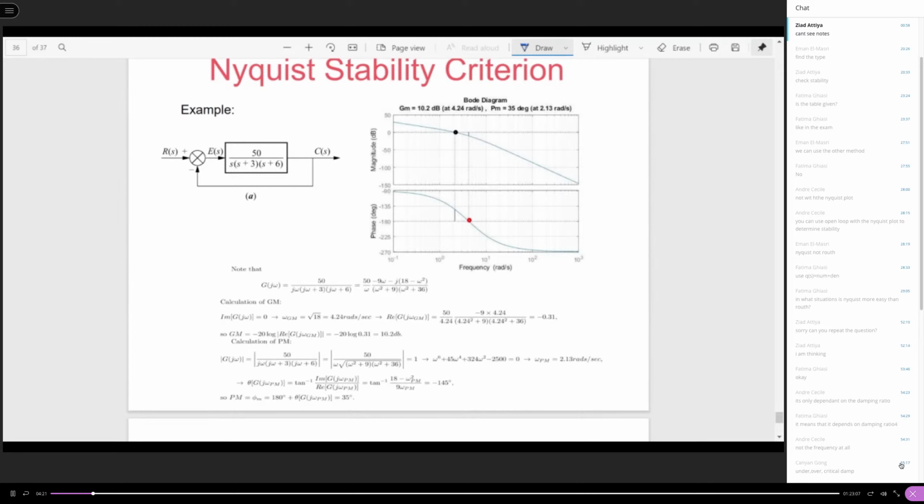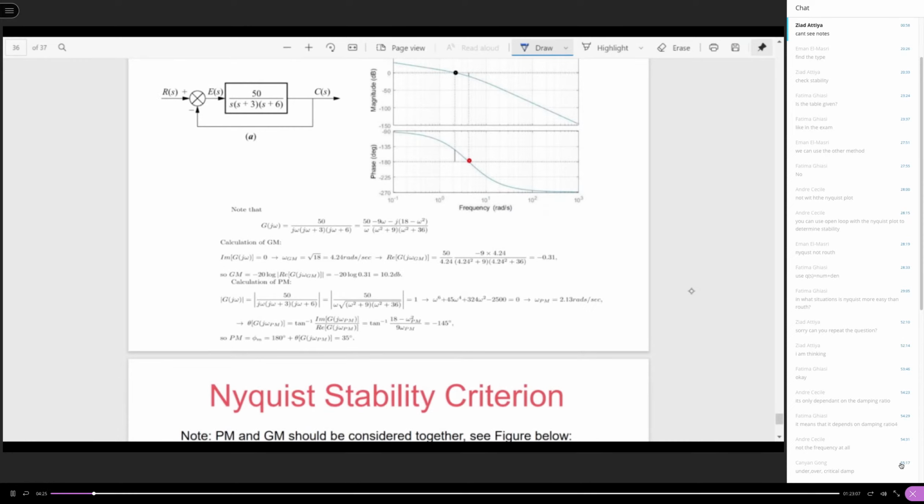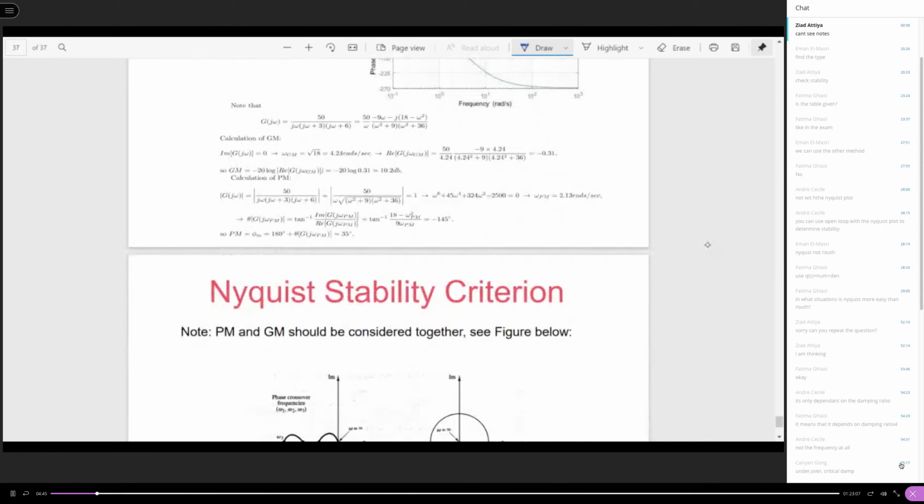Also, in this example, I showed you how the stability margin can be calculated, not just read from the graph. You can read it from the graph, but the stability margins can also be calculated if you know the open loop transfer function model.